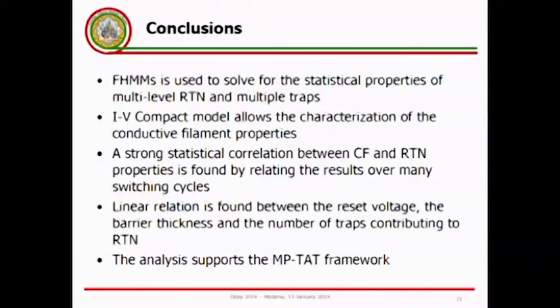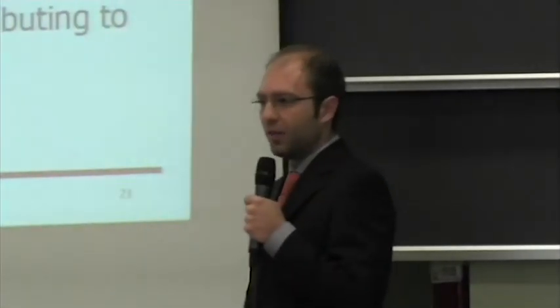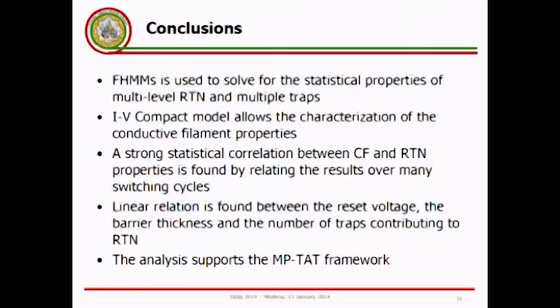So, concluding, I successfully implemented an advanced and refined version of the hidden Markov model, the factorial hidden Markov model, to study complex multi-level random telegraph noise. I developed a compact IV model which can be used to extrapolate the physical properties of the conductive filament, and I cross-correlated these results.